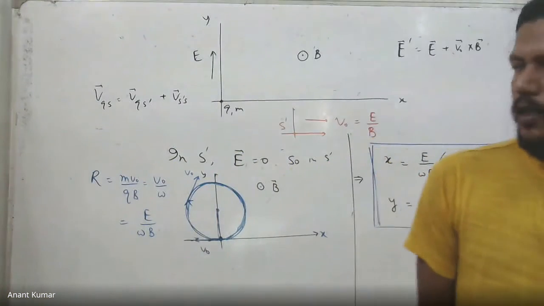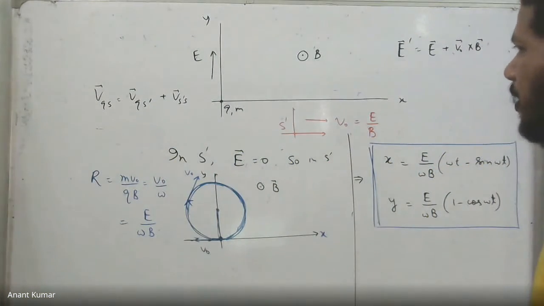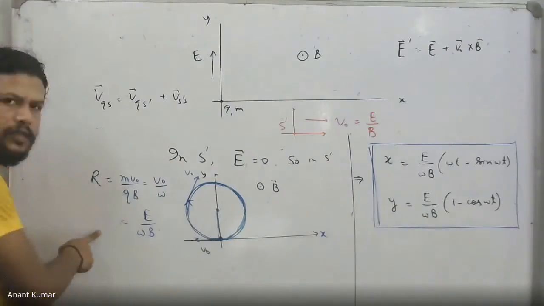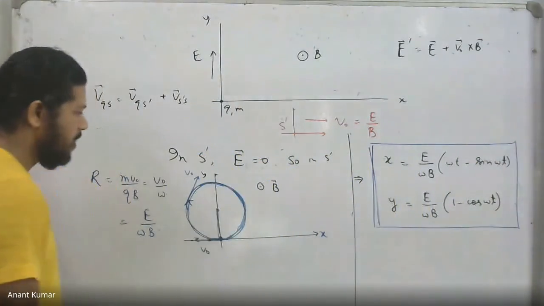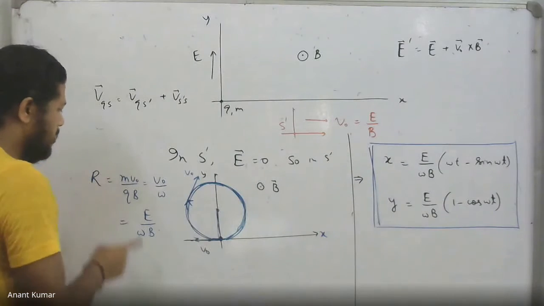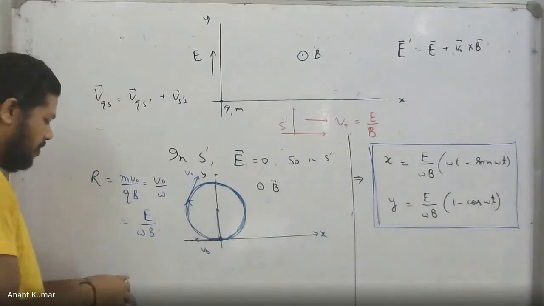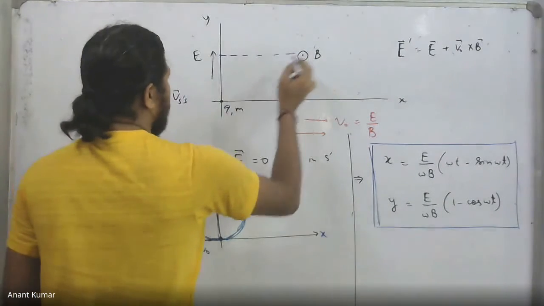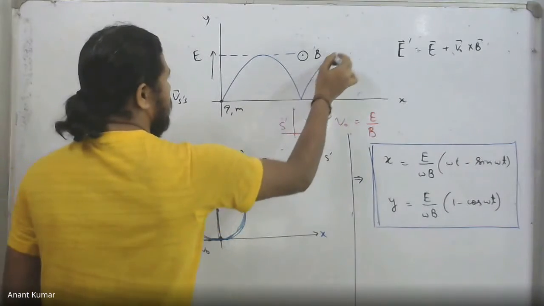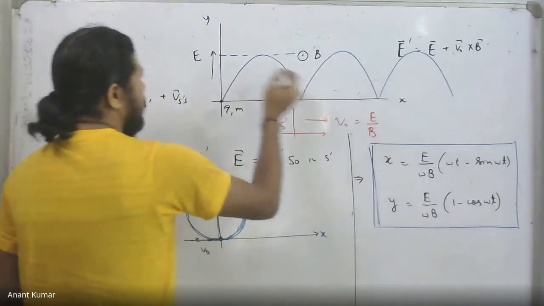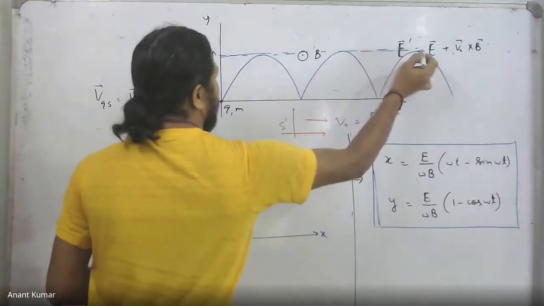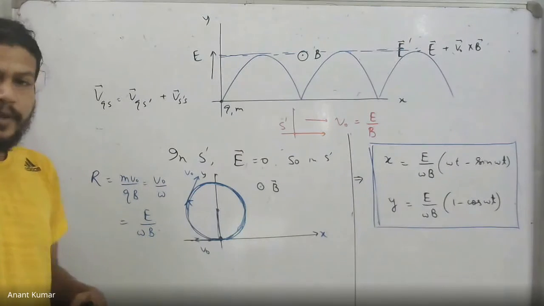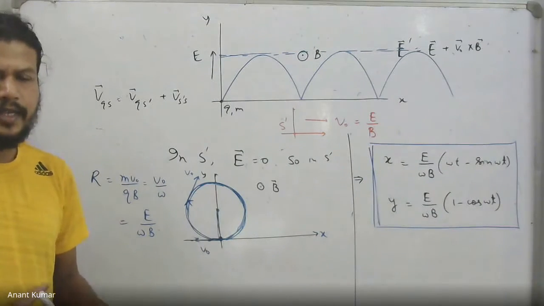So the path of the point particle in this case will be simply a cycloid if I see it in this reference frame, and that cycloid is going to be obtained by allowing a wheel whose radius is equal to this r, E by B over omega, to roll. The path looks like this. It is a cycloid, in fact, which is obtained by allowing a wheel of radius E by omega B to roll along the x-axis. Okay.